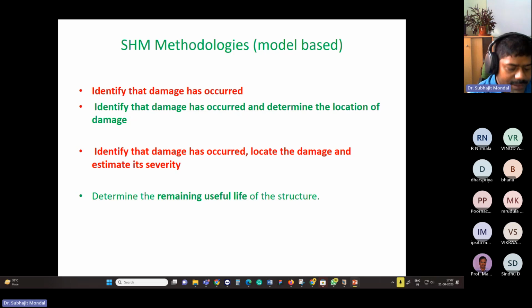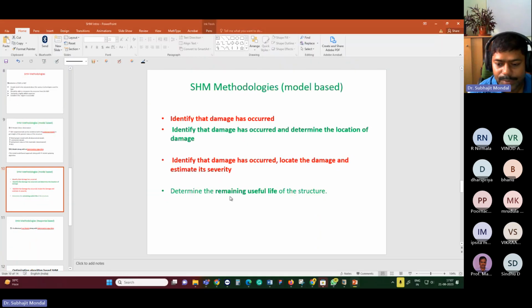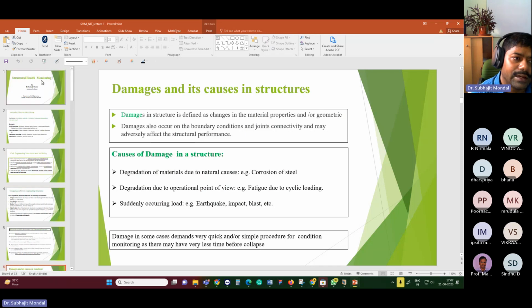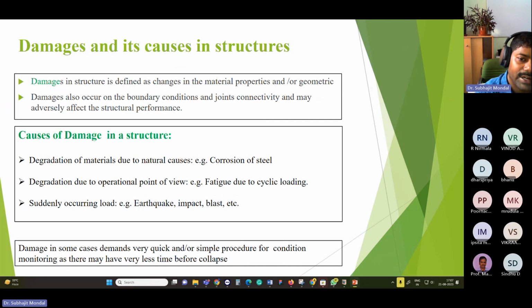Okay. So this is the first part. Now we will see what methods we have. If we see, we'll observe that structural health monitoring is of two types. One is the global based method, and the second one is the local method. Global method means where we use a response which is global in nature.